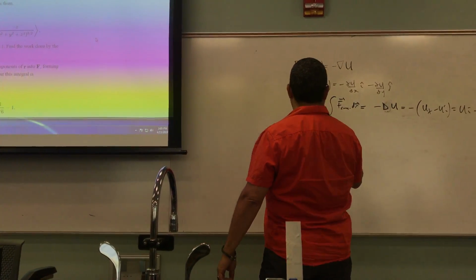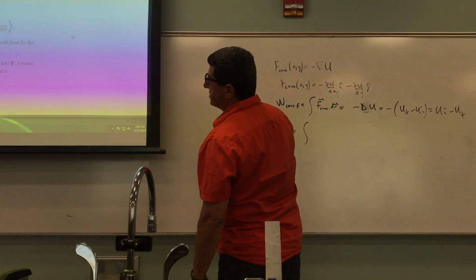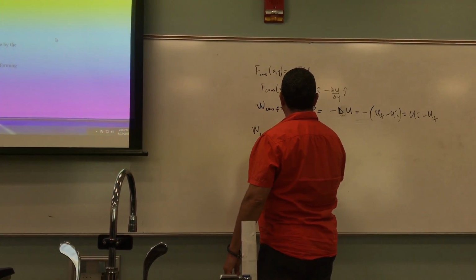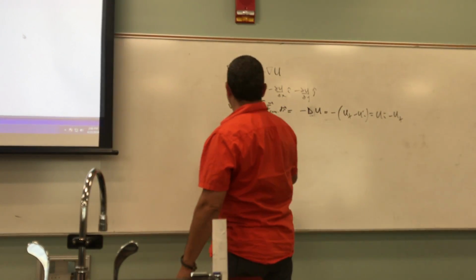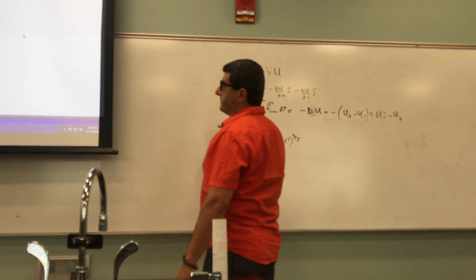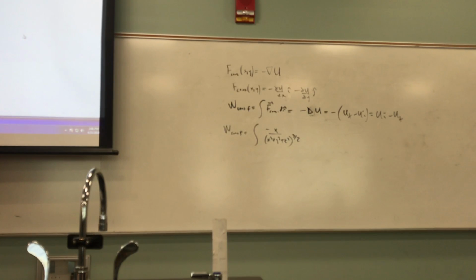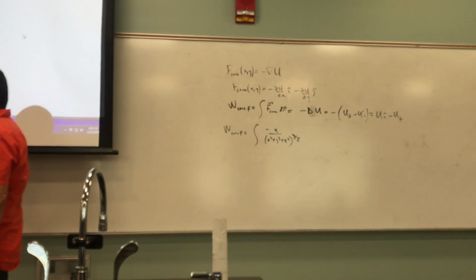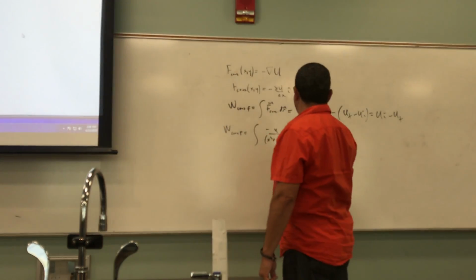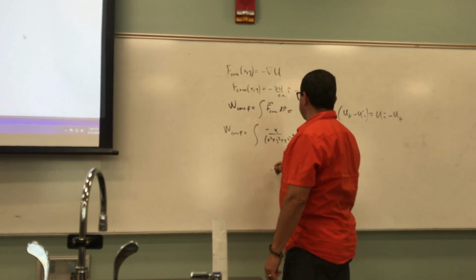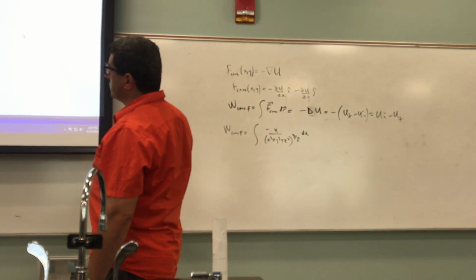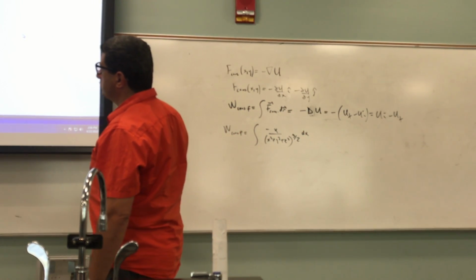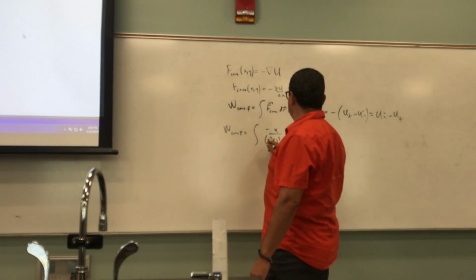So it's going to be the integral. Fx is going to be negative x over x squared plus y squared plus z squared to the 3/2. This is the x component of F, dotted into the x component of the path that it's taking, which is going to be dx from, let's see.